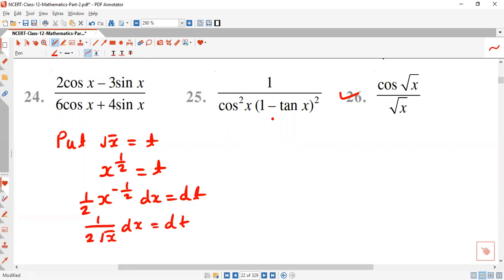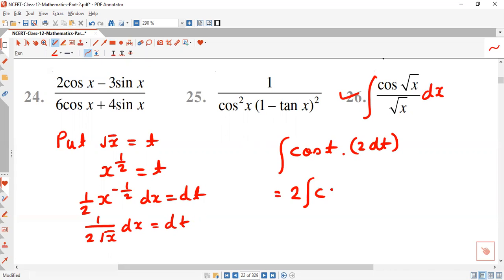So what does the integration become? This integration becomes cos root x, which becomes cos t. dx upon root x will be equal to 2 times dt. So this becomes 2 integration cos t dt. Cos t has the integration of sin t.